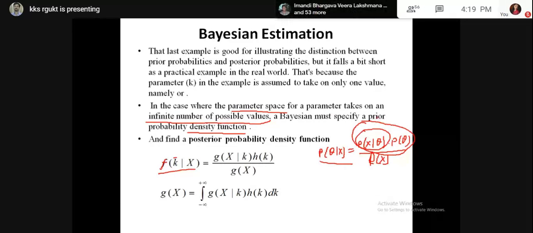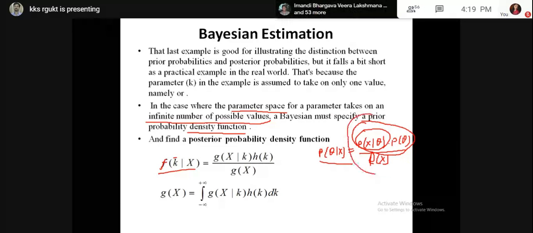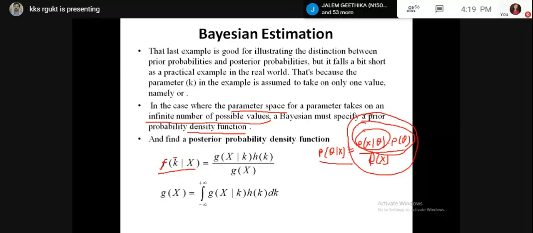But in Bayesian, considering all three, including the denominator, we have to estimate the density function, not a particular probability. So we are going one circle beyond.